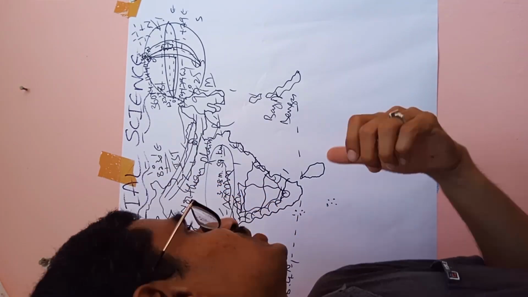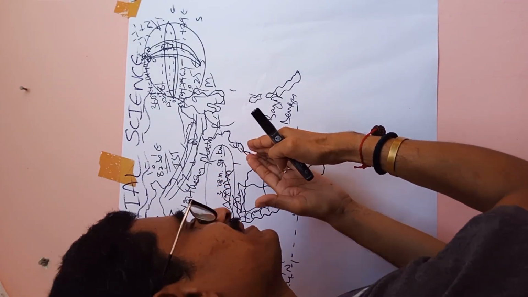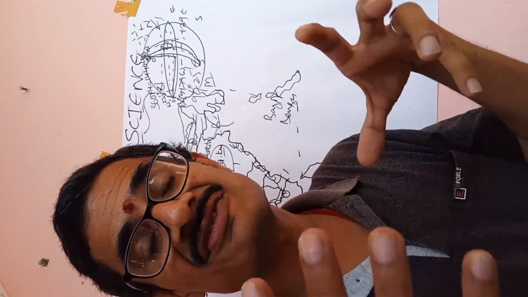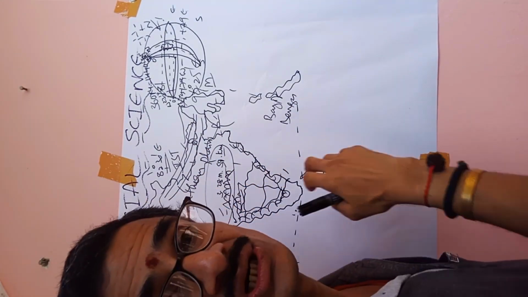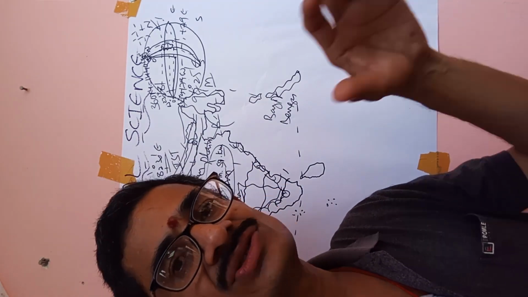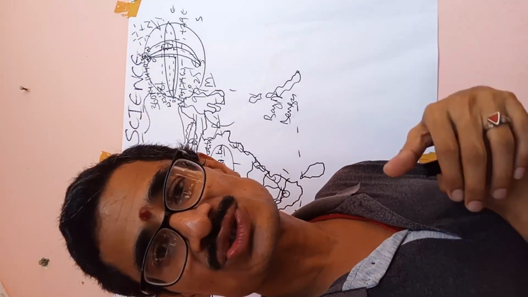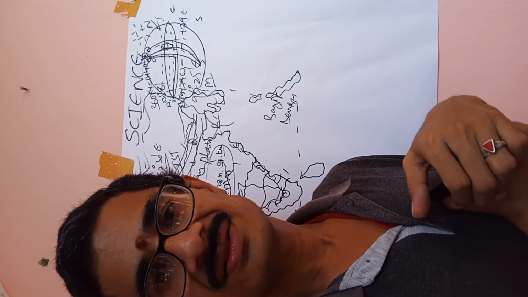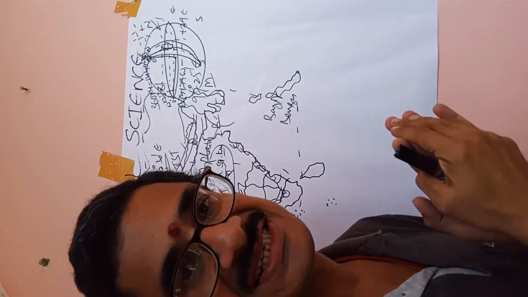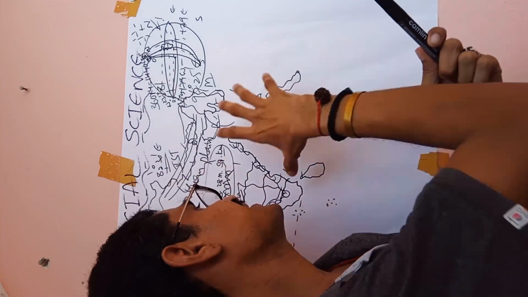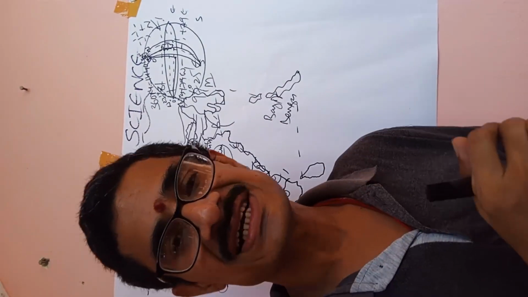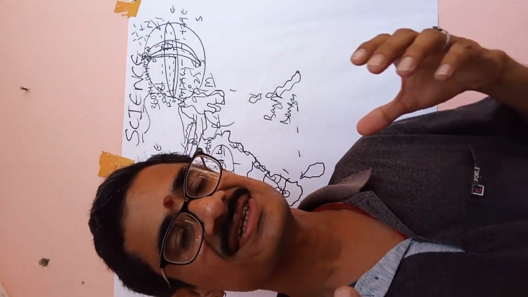In this way, the English East India Company and French East India Company waged wars to dominate and get more trade centers in these coast regions. Because in those days, international trade was through sea routes only. That's why the English East India Company defeated the French East India Company and occupied almost all trade centers.